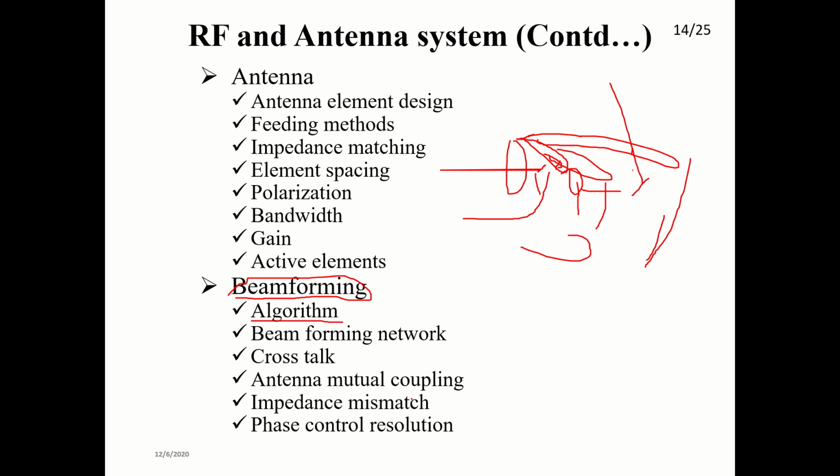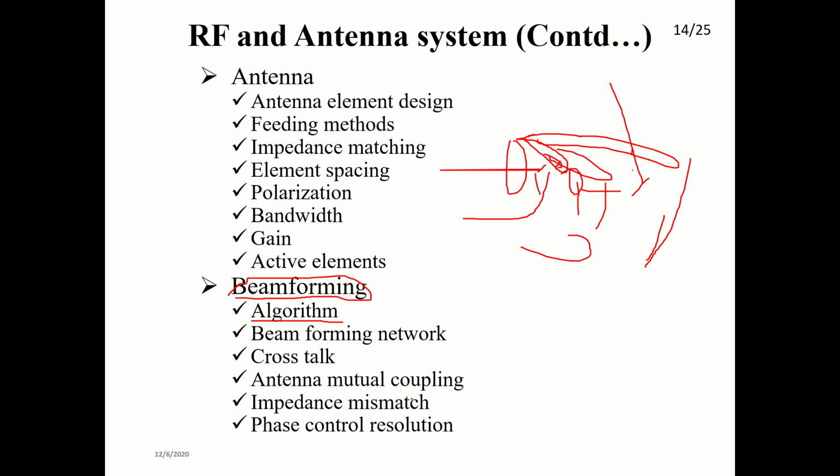Next is antenna mutual coupling. As I mentioned, element spacing will dictate these things, along with substrate characteristics, meaning dielectric constant, loss tangent, and the quality of the material. Obviously they will use very high quality material, but we are now working in different bands, and we don't know how stable it is.